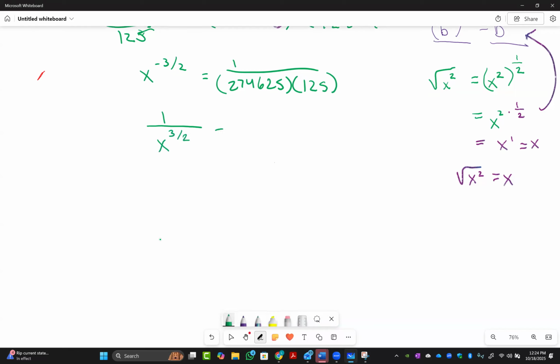Equals 1 over whatever this number is, 4, 3, 2, I don't care. Now that has to mean what? That x to the 3 halves equals what? That big number. Right. Now I see it. Like now the square and the triangles just click in my head. Good, good. So that just made it easier.